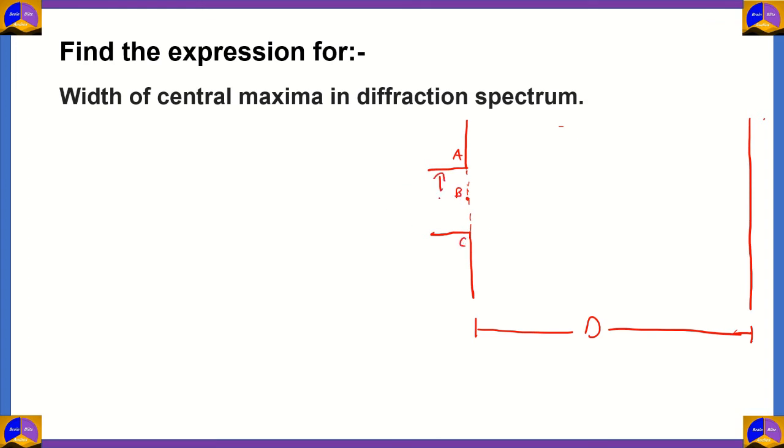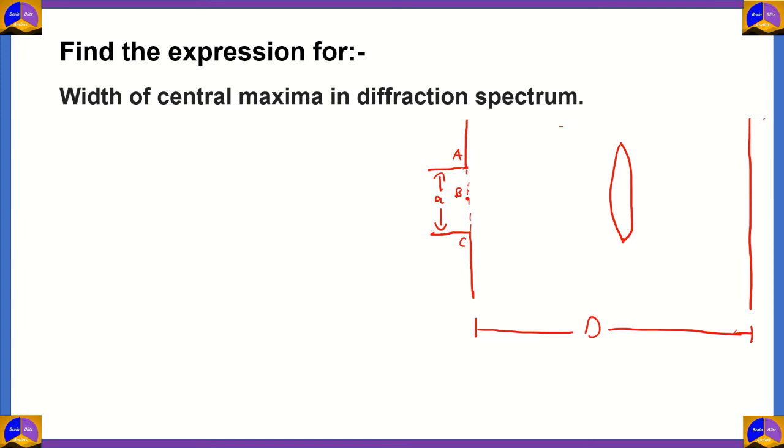The width of the slit is a, and we will be having a lens, in this case a convex lens, present in the medium.